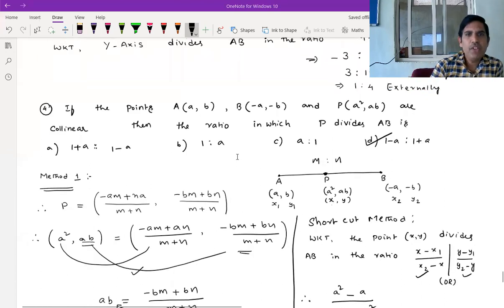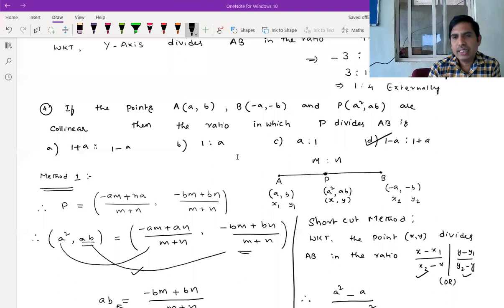The question is: if the points a comma b, minus a comma minus b, and a square comma ab, the three points are collinear, then in what ratio does P divide AB? First method, observe.